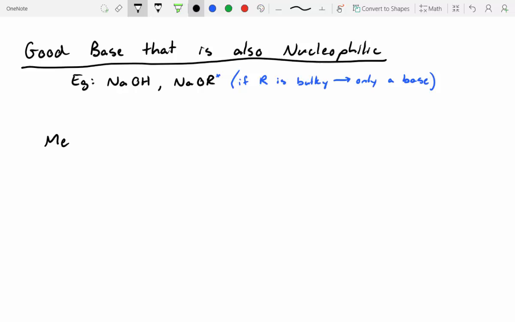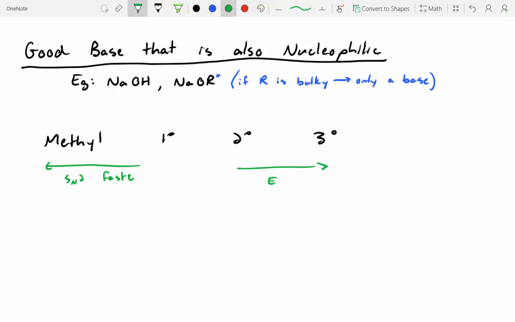So we've got methyl, we've got primary, we've got secondary, and we've got tertiary. All right, we know in general, this side favors SN2. And we know that on this side, E2 is faster. Right? We said we've got these competing trends, which really is quite helpful. So if we think about our methyl or our primary groups, do you think they're going to do any SN1 chemistry?